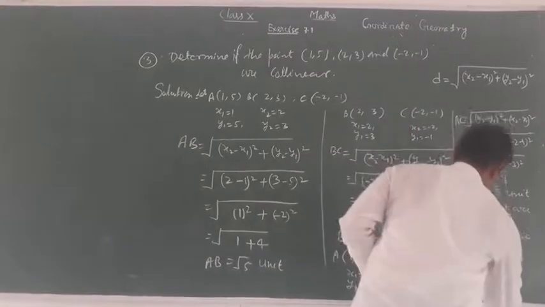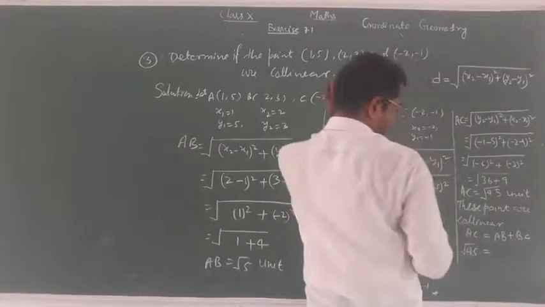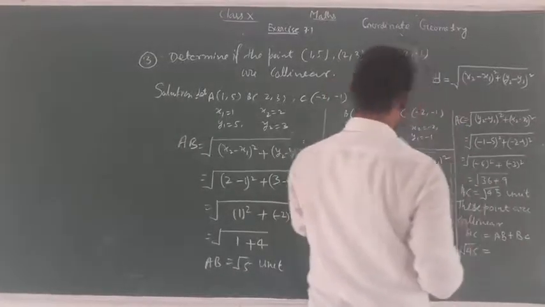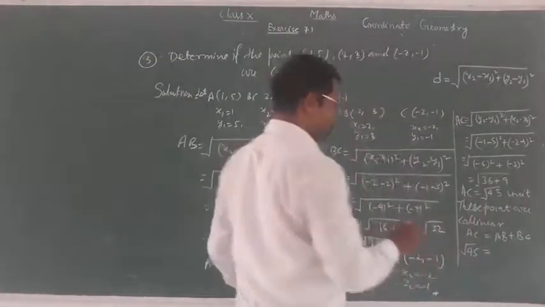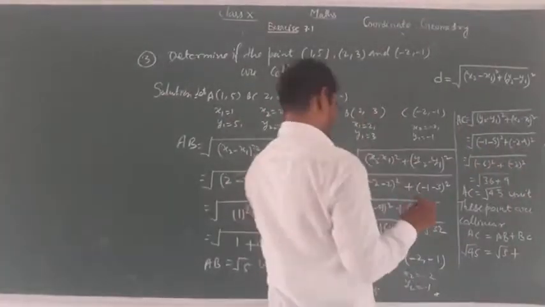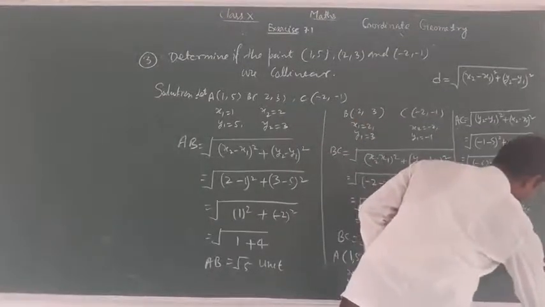So AC is root 45 and AB is root 5 plus BC root 32.